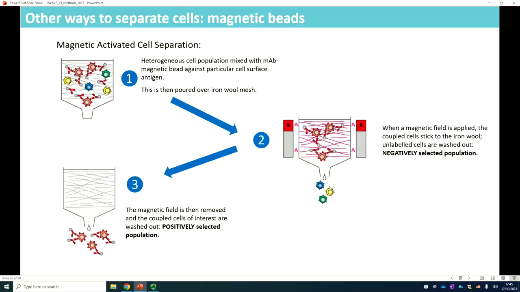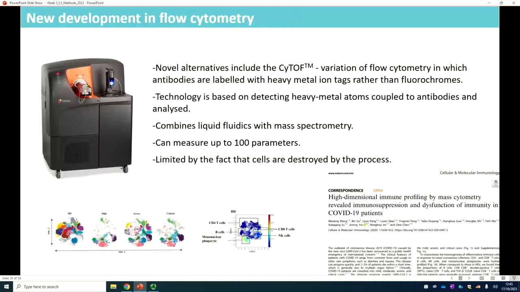And anything else will be allowed to flow through. So what flows through would be your negatively selected population. Then you can remove the antibody and allow your positively selected population to flow through. So if you remember, we talked earlier about negative and positive selection when it comes to magnetic beads, and this is what it refers to.